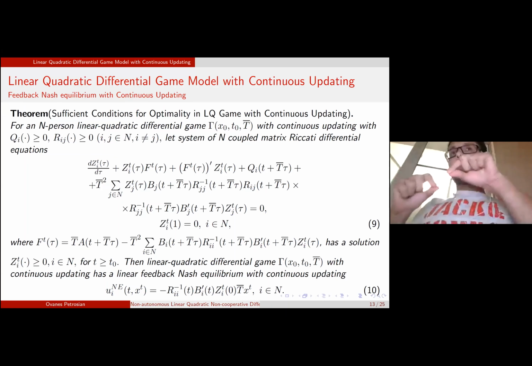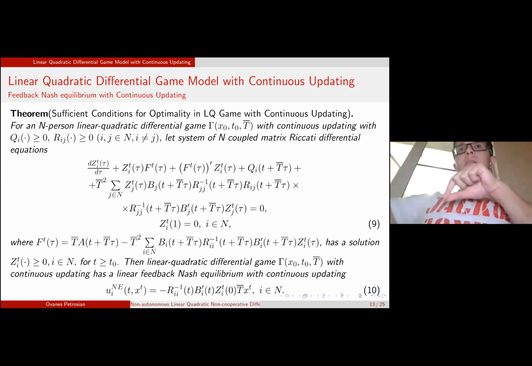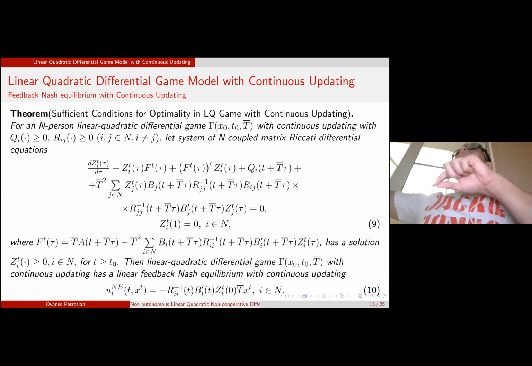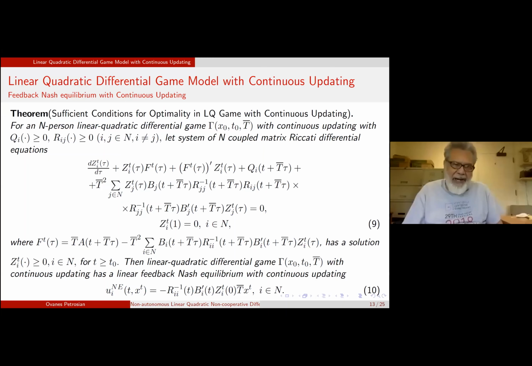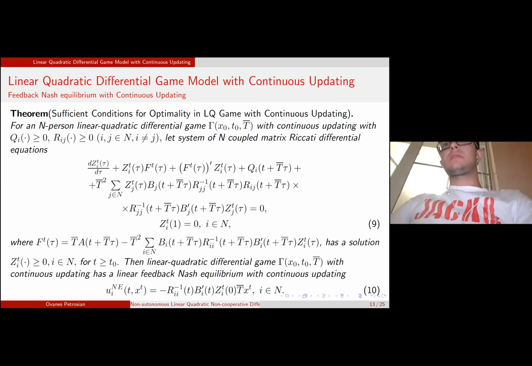At every current time instant t, players only look ahead from t to t plus t dash, and they do not know what goes after t plus t dash, and they do not think they will know what will happen after. So they are quite myopic. They are not forward looking about the fact that they will get more information. They are really myopic. Exactly, yes.